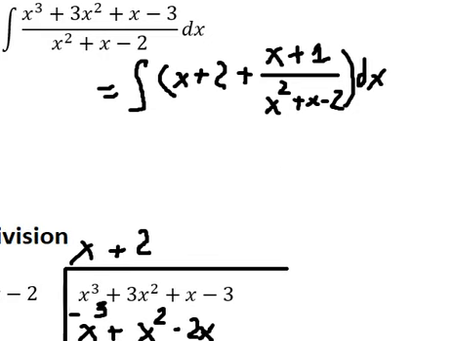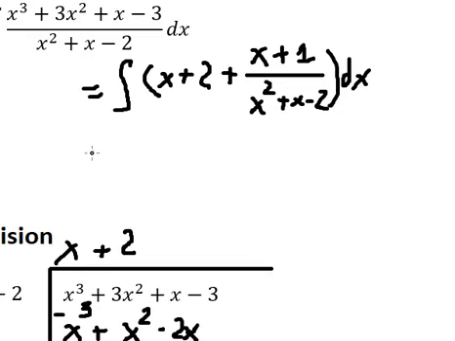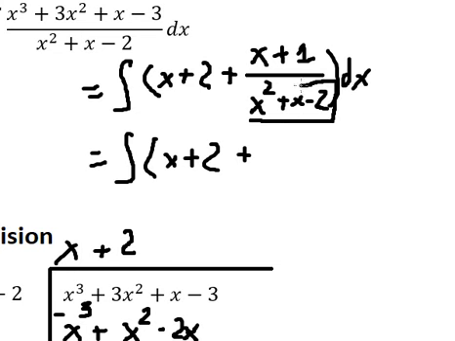And now we have it like this. Next, we need to do factorization of s squared plus s minus 2. And now we have it like this.